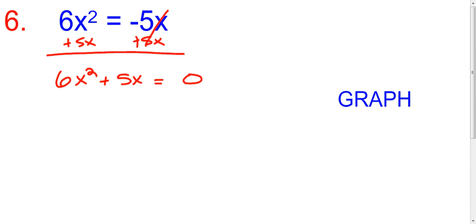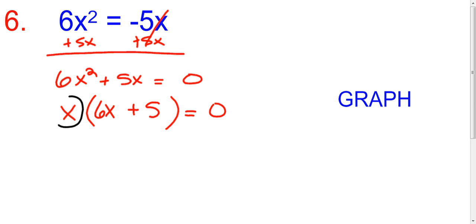I can't factor this by undoing the FOIL because I only have 2 terms to it, but I can pull out a GCF. So this has a GCF for greatest common factor of x. When I factor that out of the parentheses, x times 6x gives me 6x squared, and x times a positive 5 gives me positive 5x. Okay, now I will set each part equal to 0. Here's one part, x equals 0.